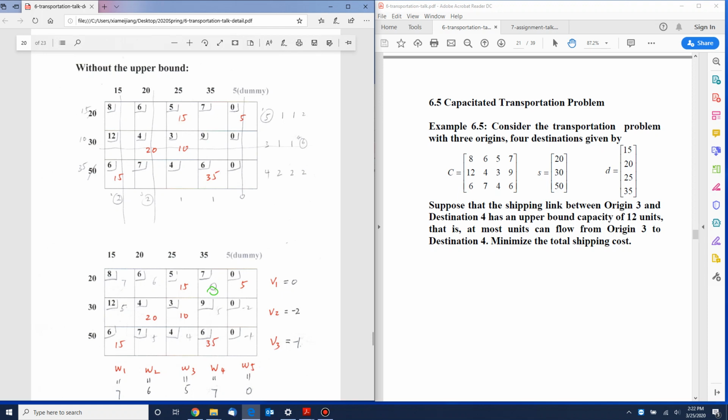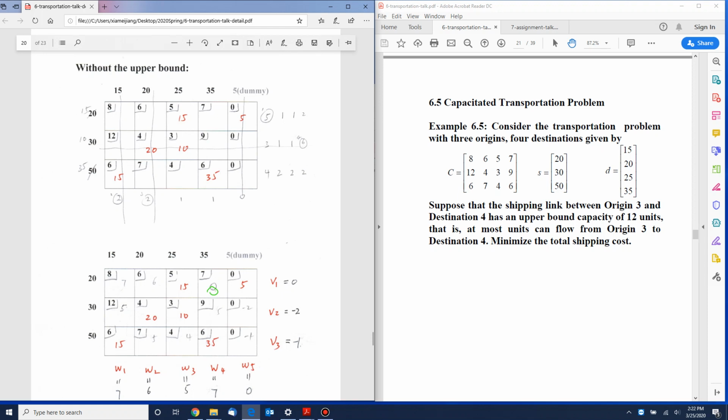Okay, now let's see what's going on. Once I set x14 to be 0, v1 appears most, so I set v1 equals 0. Then I get v2 equals minus 2, v3 equals minus 1, and w1 equals 7, w2 equals 6, w3 equals 5, w4 equals 7, and w5 equals 0. Then we calculate vi plus wj for the non-basic variables.